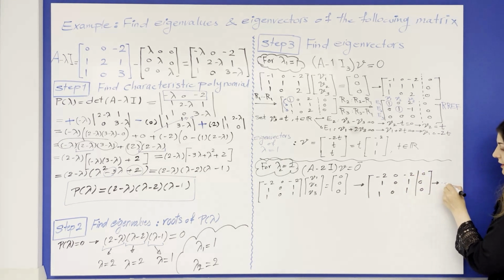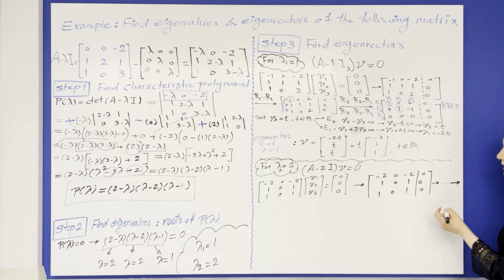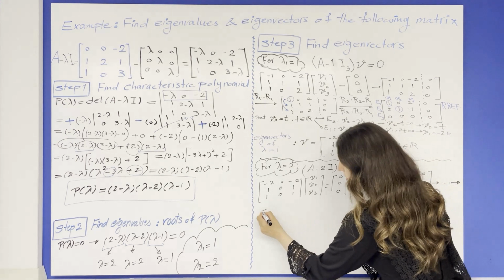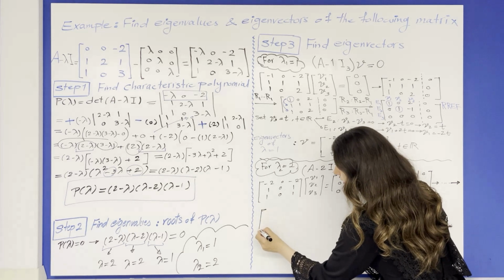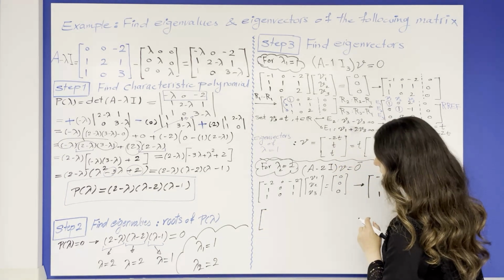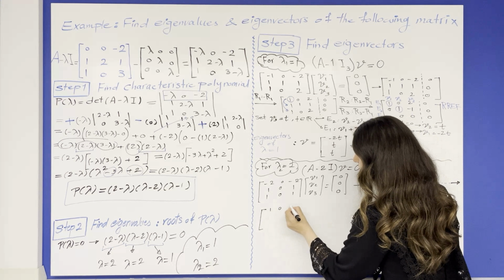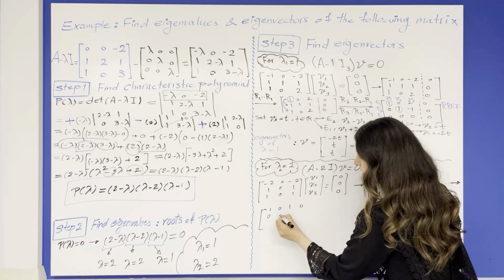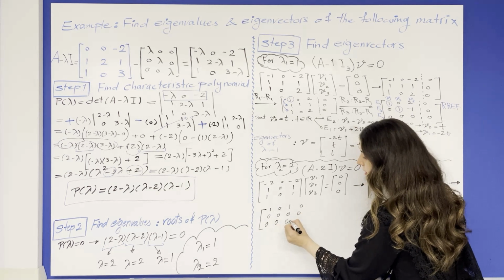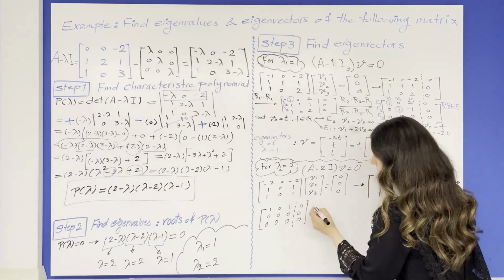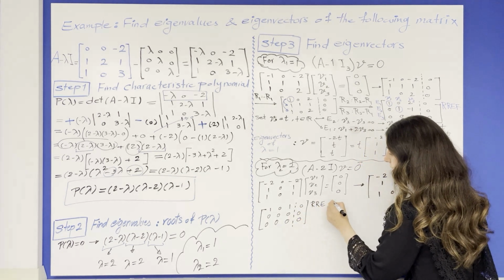And after applying row operations, the RREF is going to look like this: 1, 0, 1, 0, and then 0, 0, 0, 0, 0, 0, 0, 0. So this is the RREF.